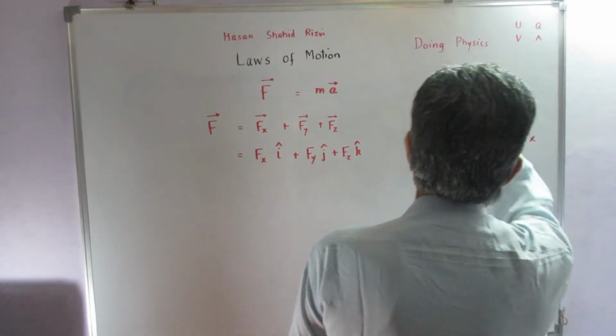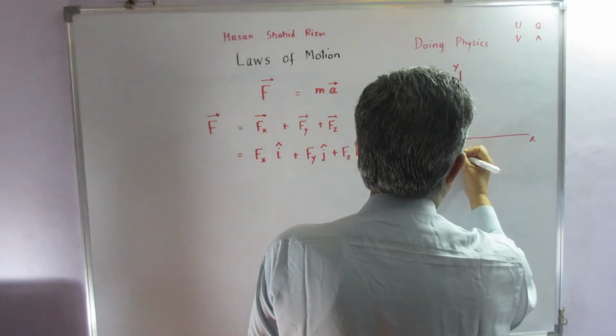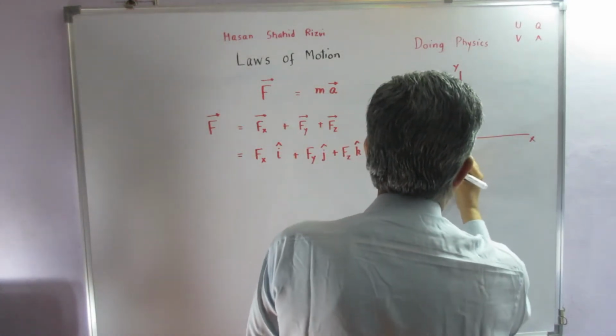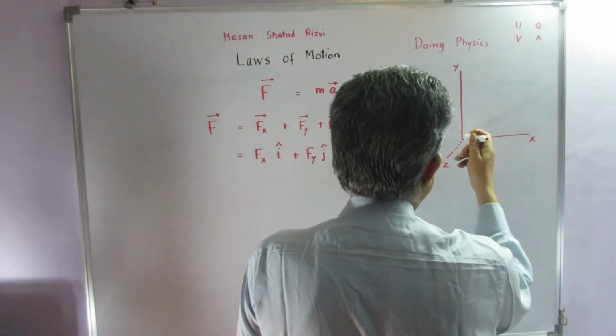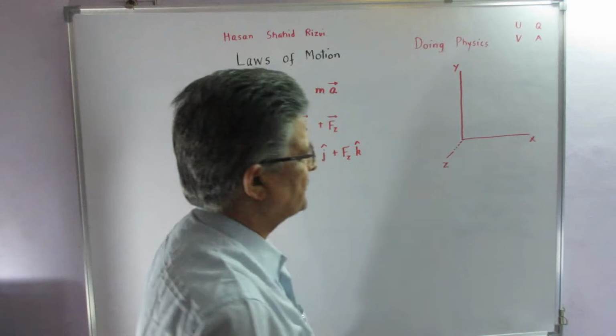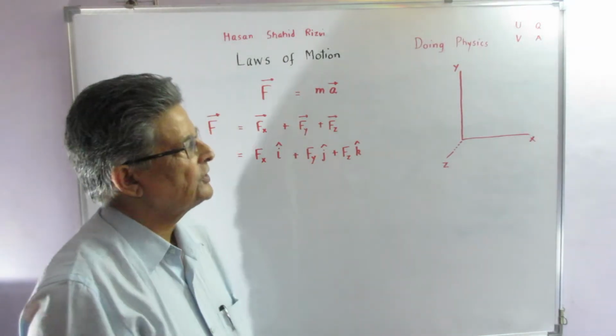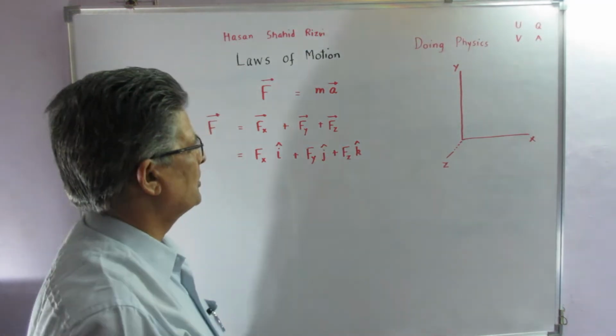I explained that in the coordinate system that we use, x, y and z are perpendicular to each other like this, so they make angles of 90 degrees each. I emphasize time and again the concept of the 90 degrees: the cos of 90 degrees is equal to 0.